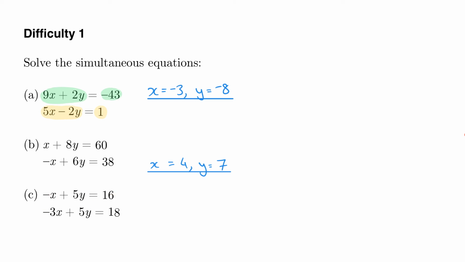Notice that we've got equal values of the same sign here. We've got 5y and 5y. And what we can do is easily change that around by multiplying one of the equations through by negative 1. Let me demonstrate what I mean. So in this particular case, I'm going to, let's say, keep the first one the same and multiply the second equation through by negative 1.